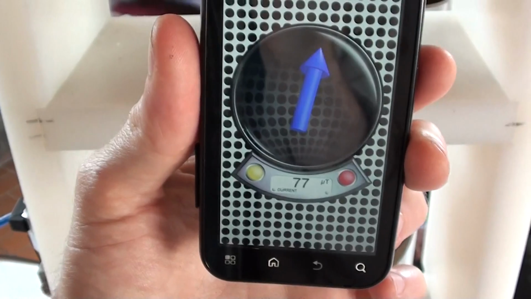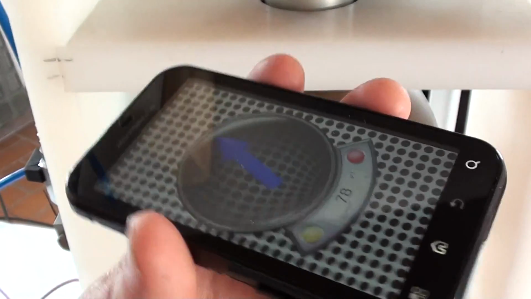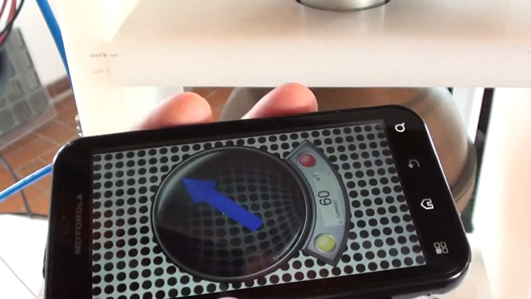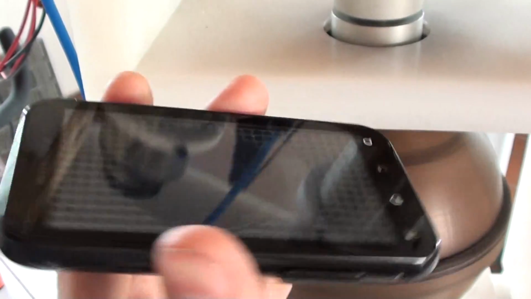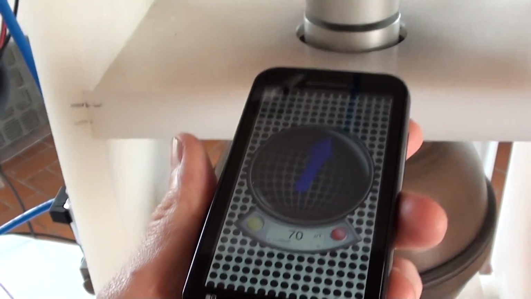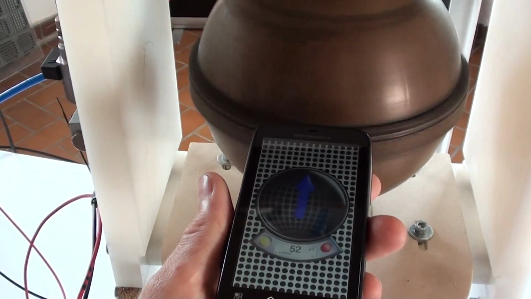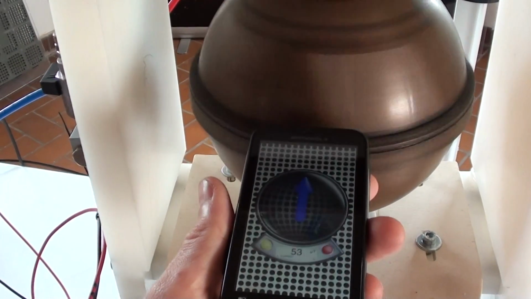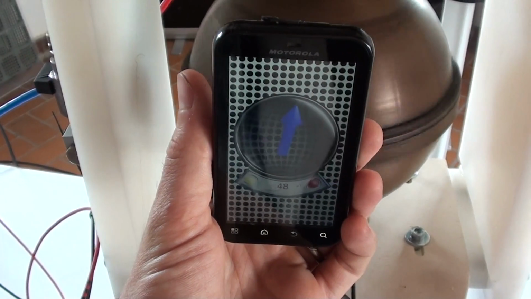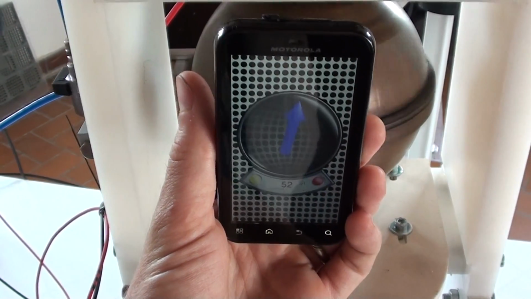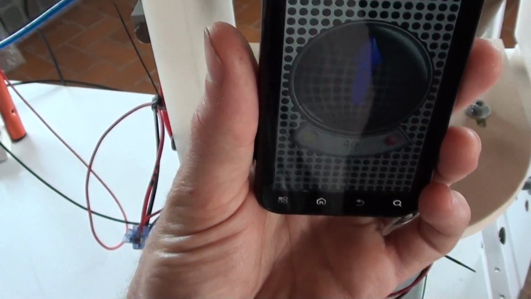We don't know yet how reliable this detector is. But as we can see, the arrow is somehow stuck.